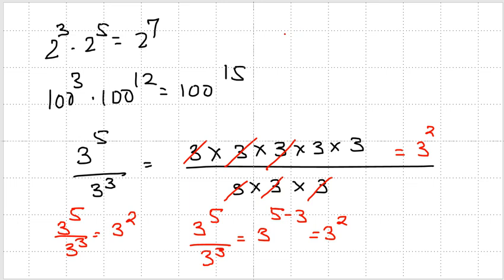That gives us the general answer that if I have x to the power a, any x in the world, any a in the world, divided by x to the power b, it will always be x to the power a minus b. And the reason you can think of it is that the numerator is x multiplied by itself a times, the denominator has x multiplied by itself b times, and b of those will get cancelled.